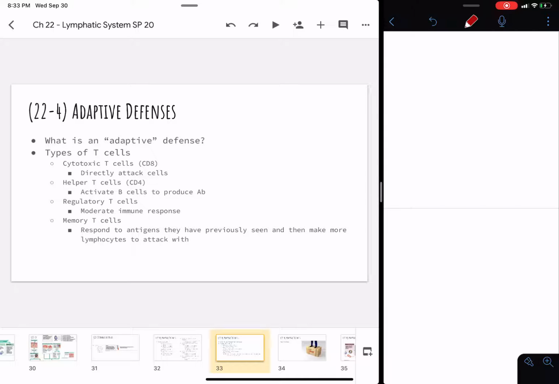So these are all examples of an adaptive immune response. These are ways that we could activate our immune system, and how we would use those T cells.